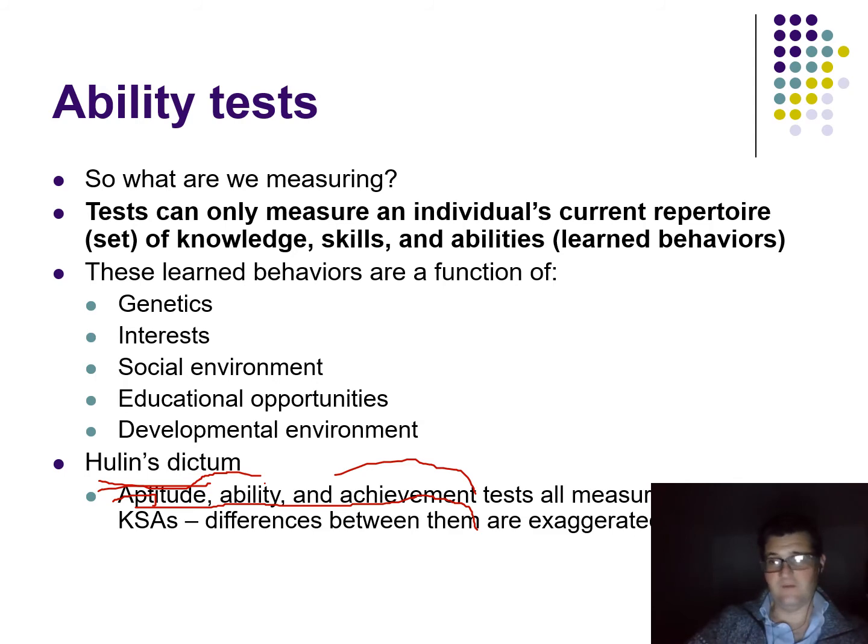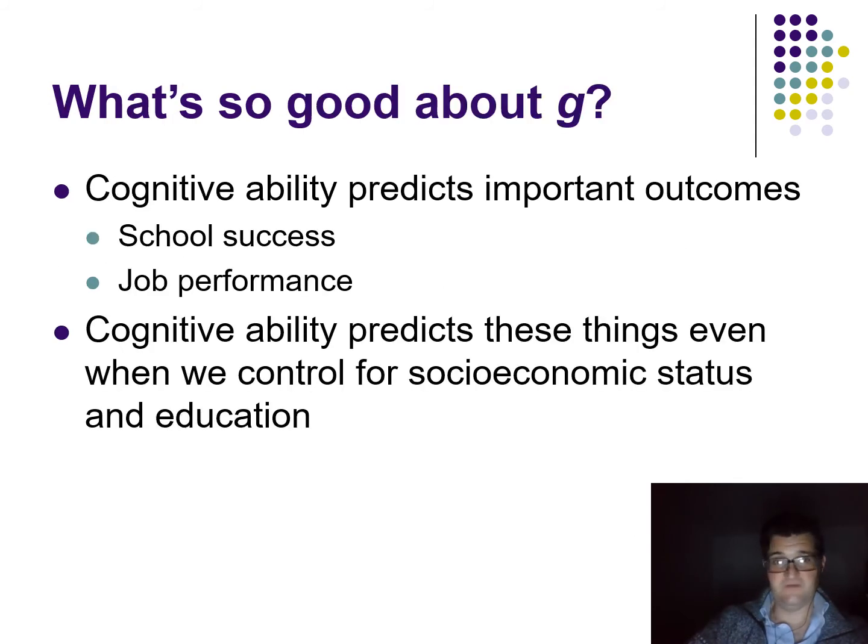Just the thing is, as we'll see in just a moment, what's good about G is basically it predicts lots of important outcomes. For what we're usually going to talk about here, people who have high G succeed at school and have good job performance.